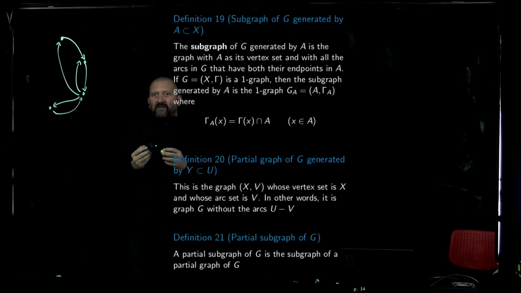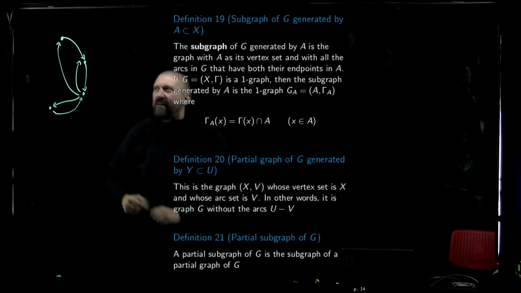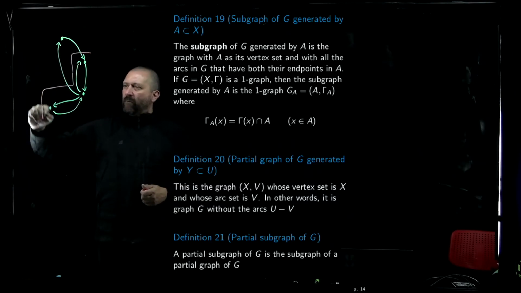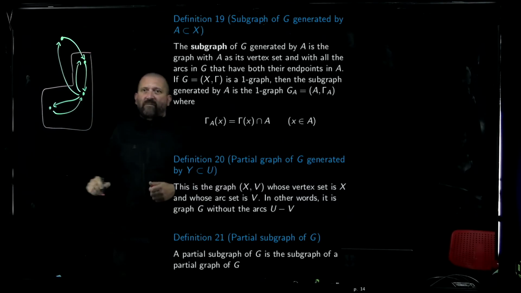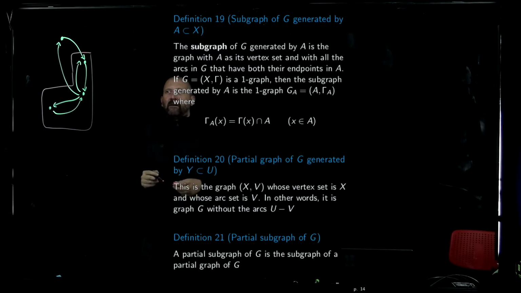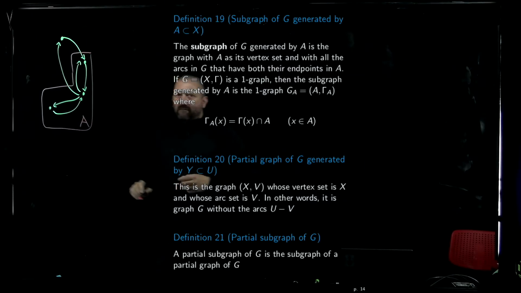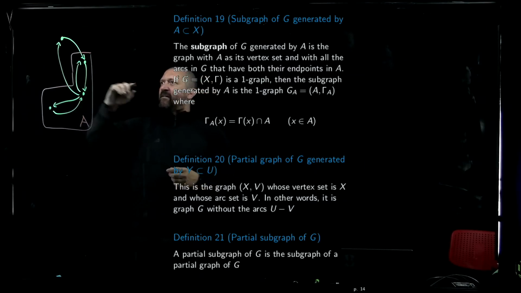Now, if I take as the set A the vertices in the pink box that I'm highlighting there, then the subgraph generated by A is this subgraph.